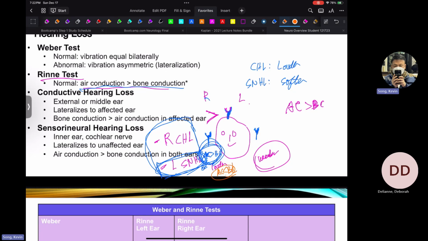If that's the case, then it is right side conductive hearing loss. So you just remember one side, and the other one is just the other way around.